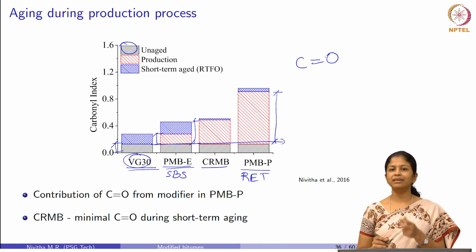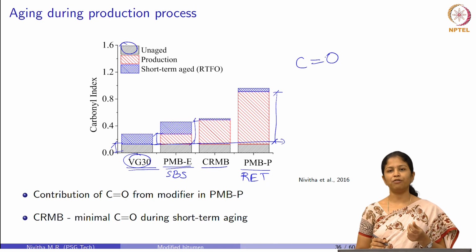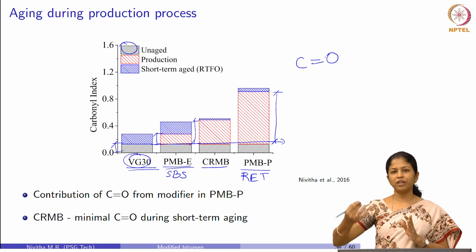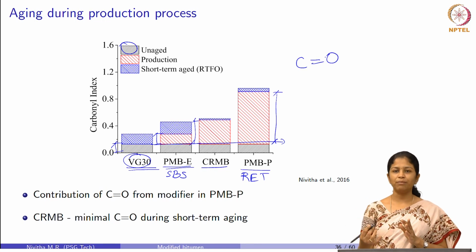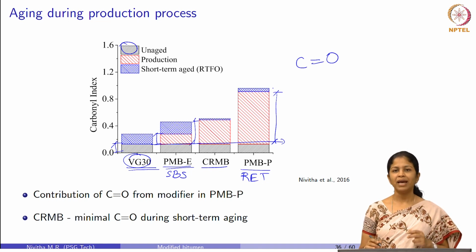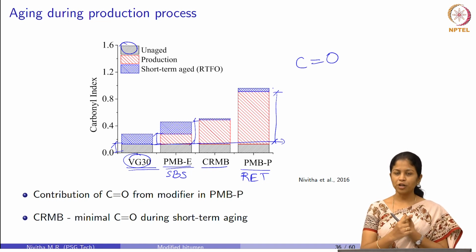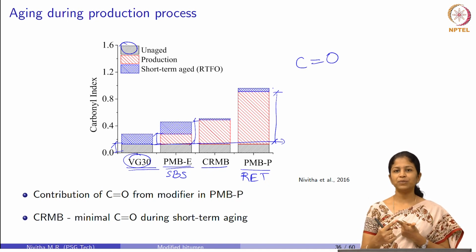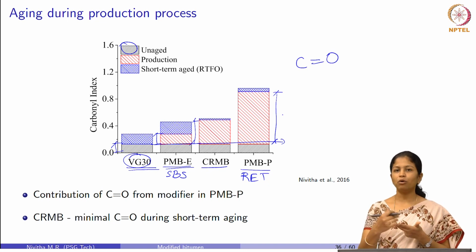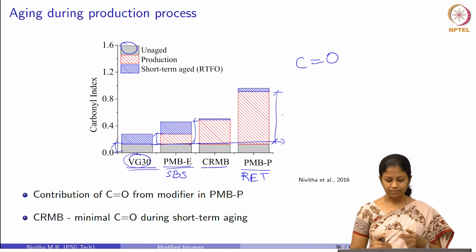So, we added these C double bond O functionalities in the form of acrylic esters and compatibilizers to improve the compatibility and storage stability. So, this increase in carbonyl index in the case of PMBP is because of the contribution of C double bond O from the modifier and the aging which happened during the production process. So, it is a net effect of both of these components.